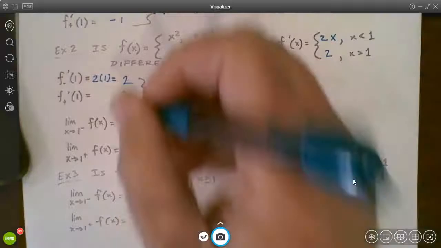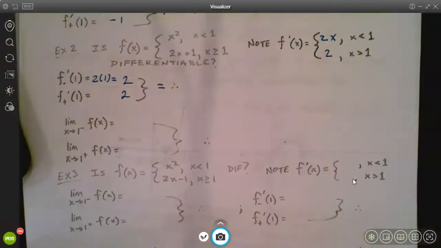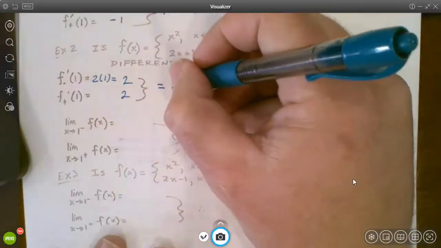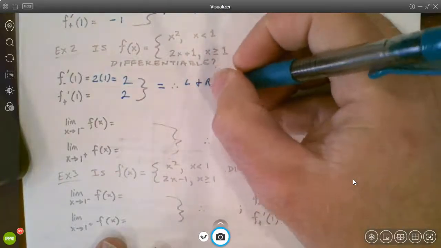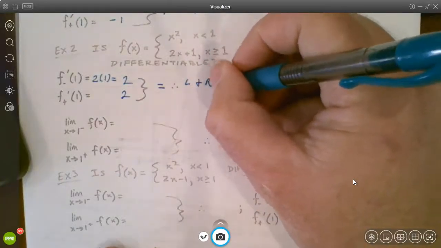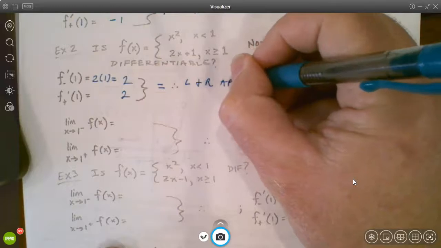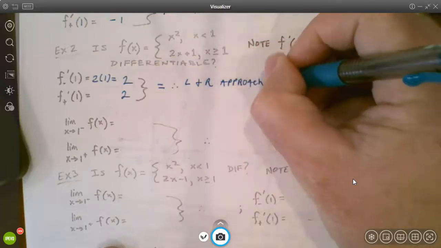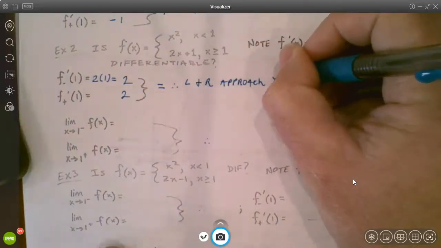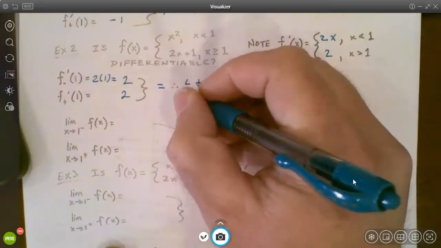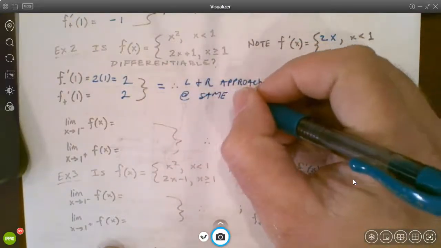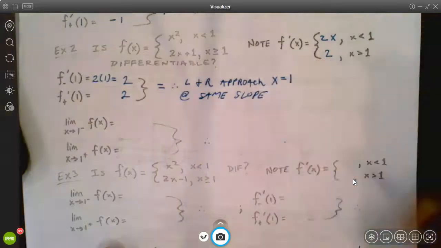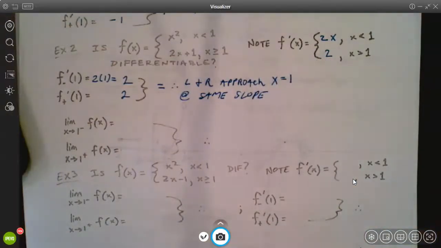So because they are equal, we'll say the left and the right sides approach x equals 1 at the same slope. So far so good. The left and the right sides are both approaching the same slope, so that's good.